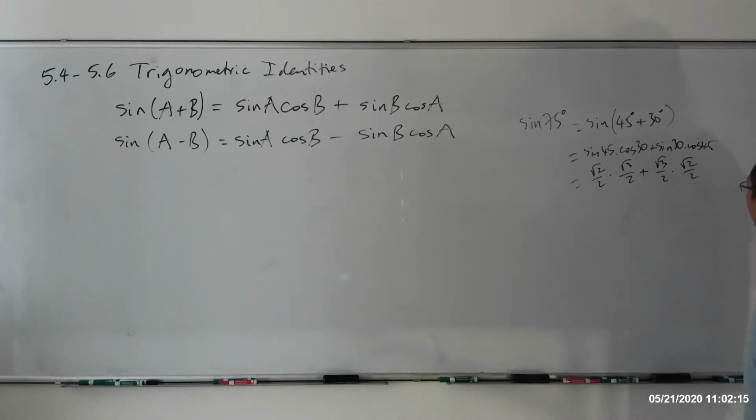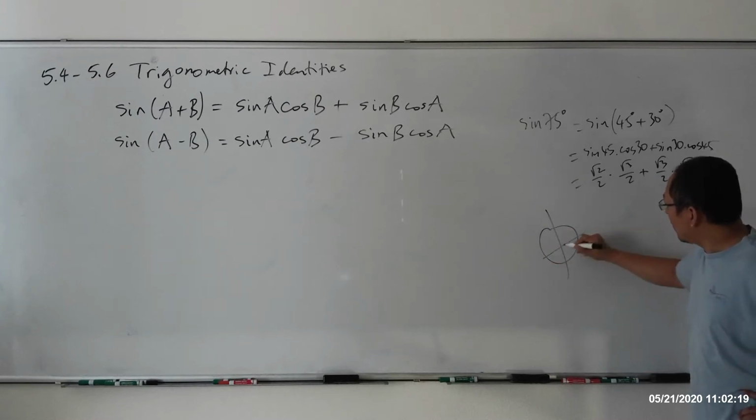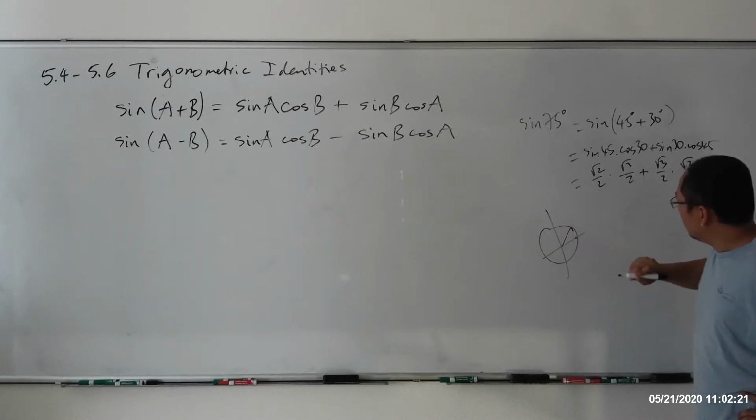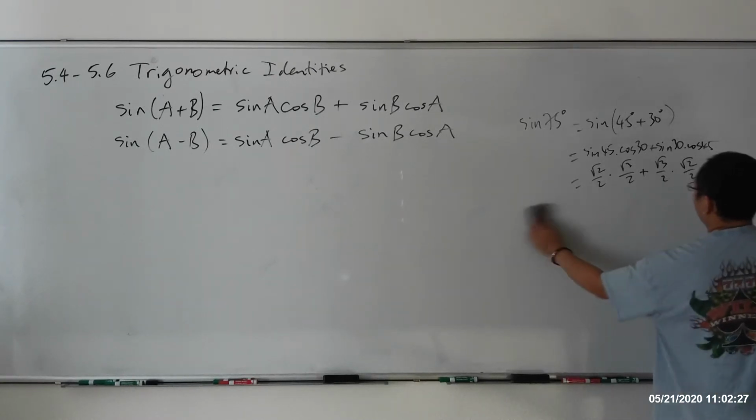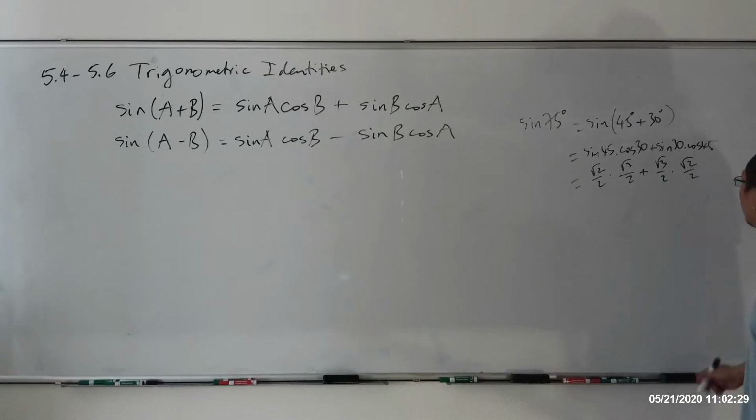Let me check if I got anything wrong. Yeah, cosine of 30 degrees is root 3 over 2, and sine of 30 degrees, yeah. And then you simplify. Okay. I still feel like something is wrong in here.